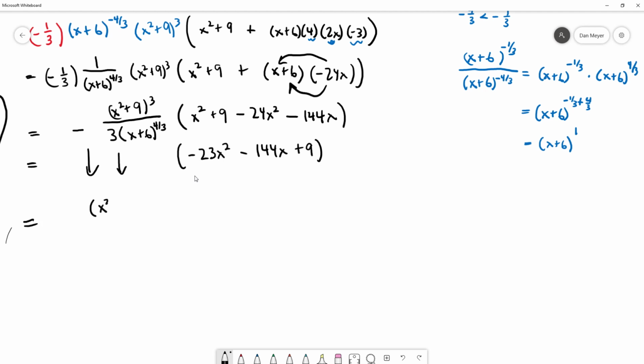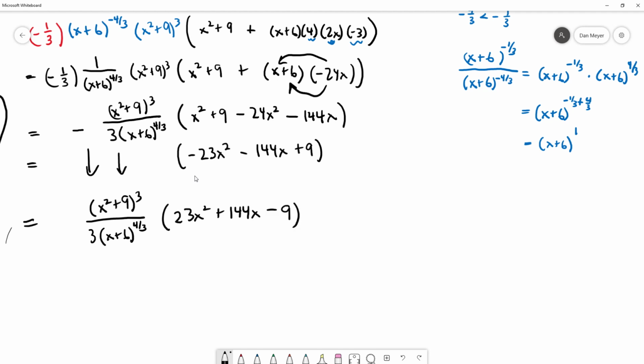all over 3 times x plus 6 to the 4/3, times, when I factor out this minus sign, it just has the effect of changing all the signs: 23x squared plus 144x minus 9.